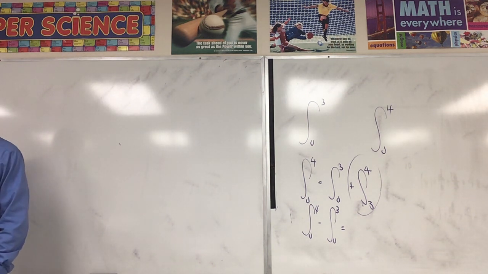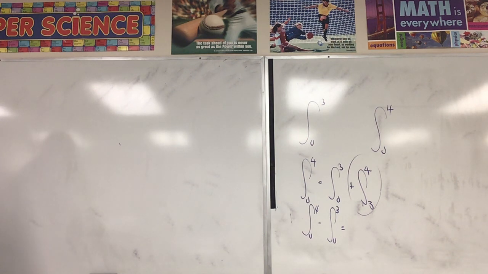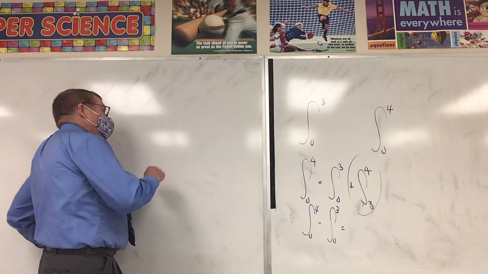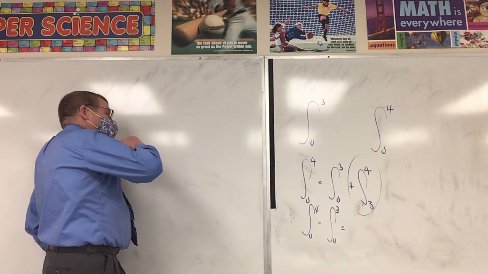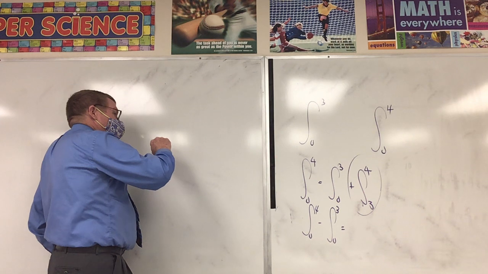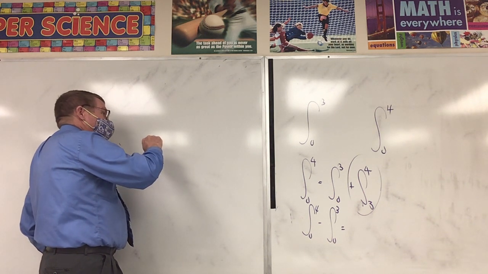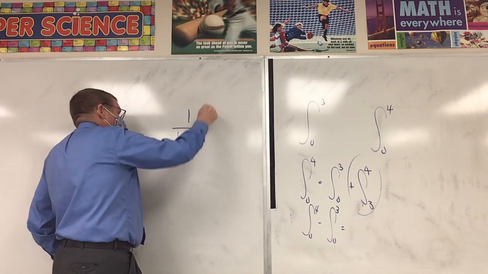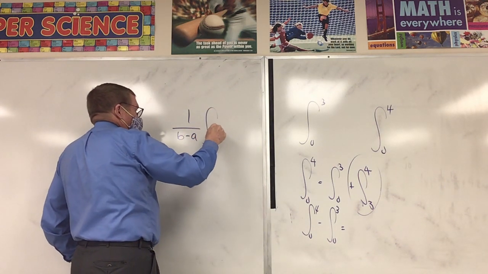Find the average value of the function on the interval without integrating, by appealing to the geometry of the region between the graph and the x-axis. Okay, how do we find average value? No, that's the actual area. Average is 1 over b minus a times the integral.